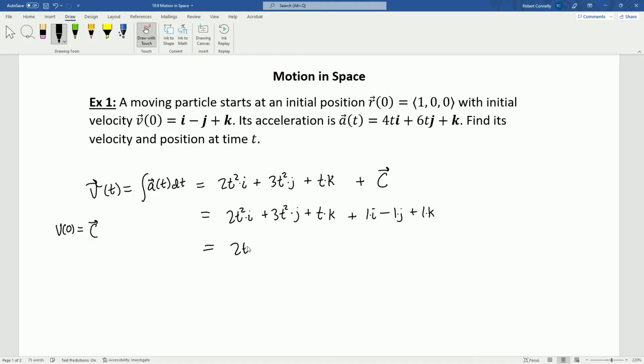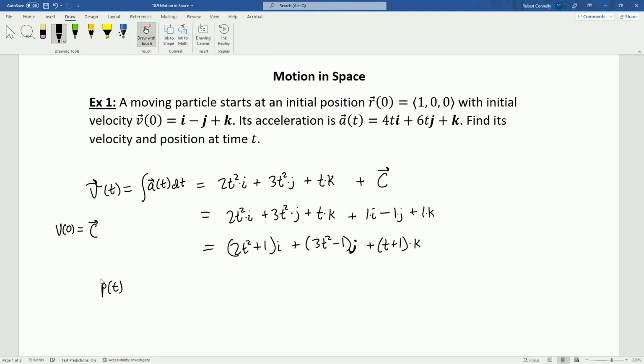We get 2t squared plus 1 i plus 3t squared minus 1 j plus t plus 1 k. Okay, so that gives us our velocity function, and now we need to find our position function.